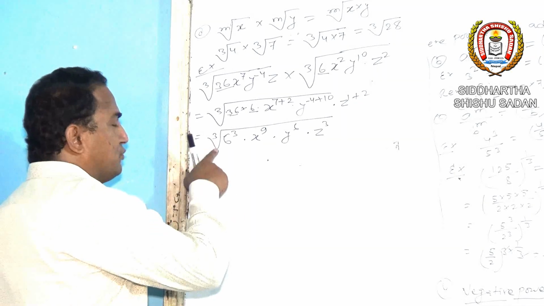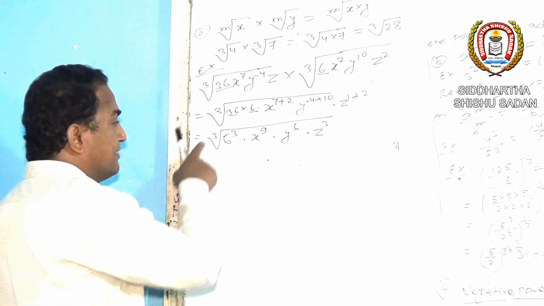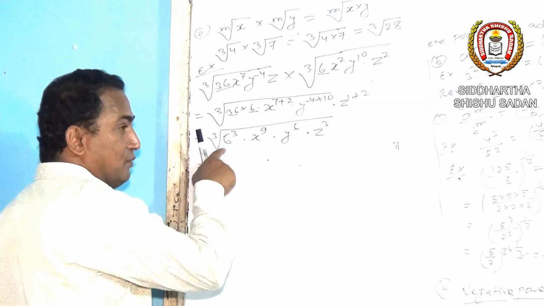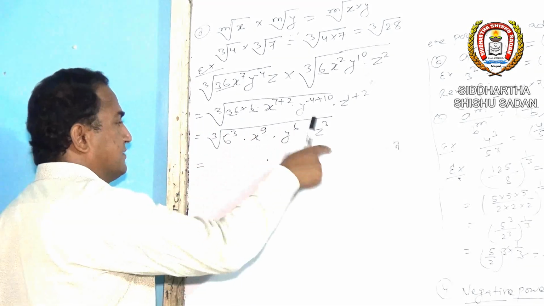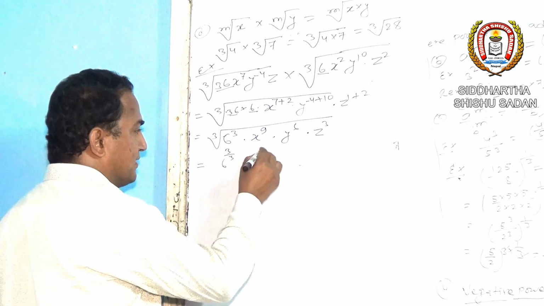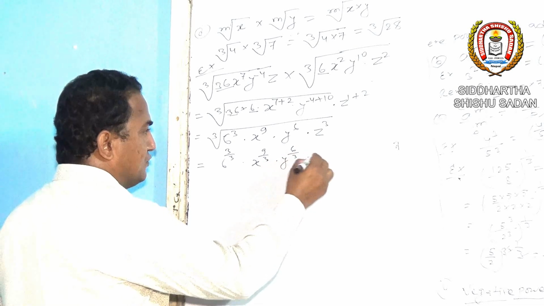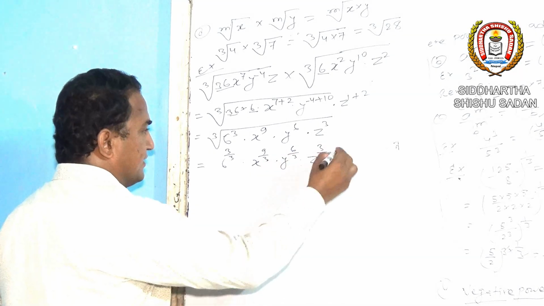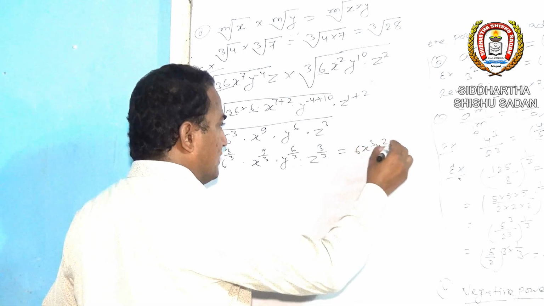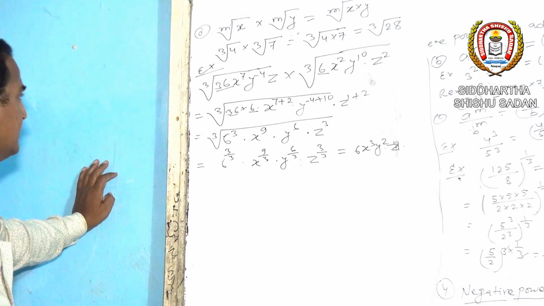Next, we have to remove the root from here, and in that condition, this order goes to the denominator of the power of each base. It means 6 to the power 3 by 3 into x to the power 9 by 3 into y to the power 6 by 3 into z to the power 3 by 3. That is equal to 6 x cube y square z. This is.